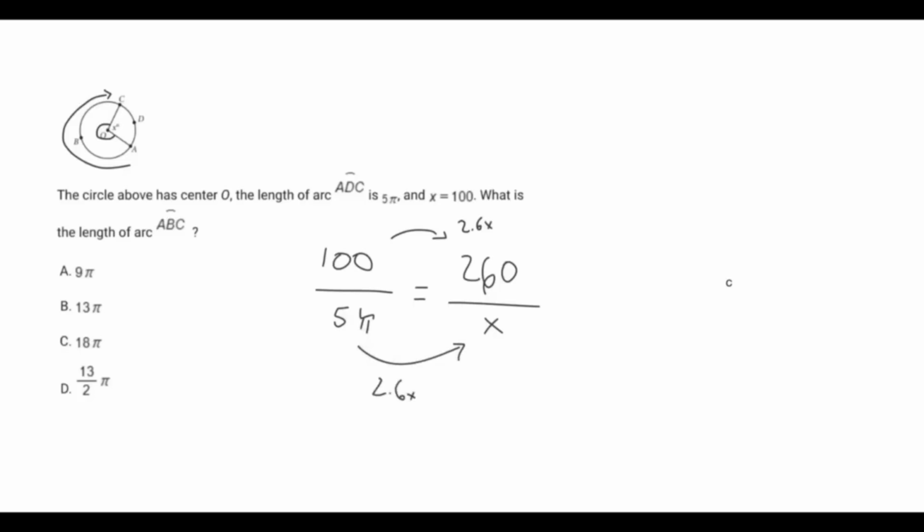So here we can just do 5 times 2.6 pi, and that's the same thing as multiplying 5 pi by 2.6. So 5 times 2.6 will give us 13, right? And then we can just add the pi next to it. So we get 13 pi as our final answer.